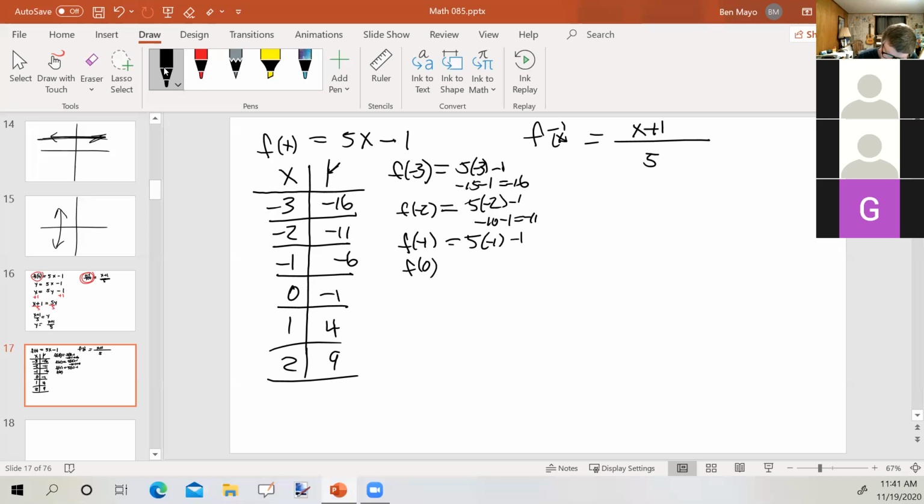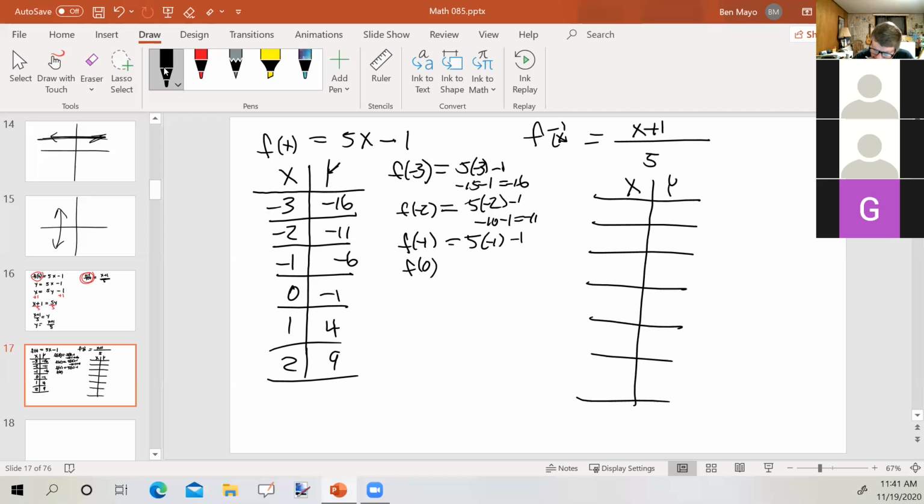Yes. Okay. Now, let's go over here, and let's find some table values over here. And for x's, I want to just pick some random numbers. How about -16, -11, -6, -1, 4, and 9? Let's just go with those, okay? I just kind of pulled those out of thin air.